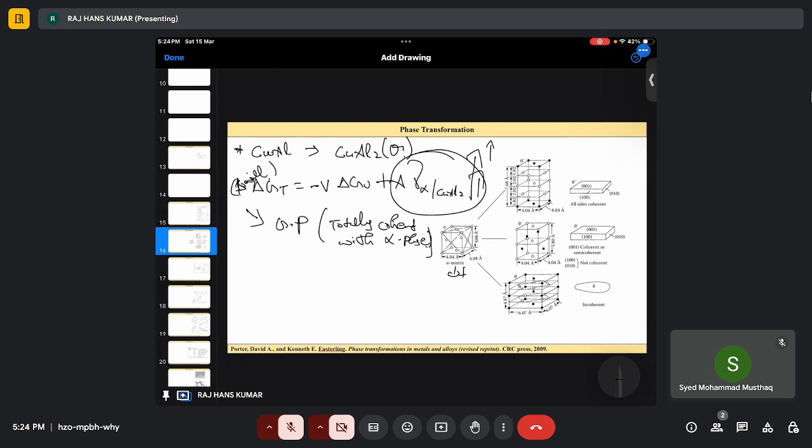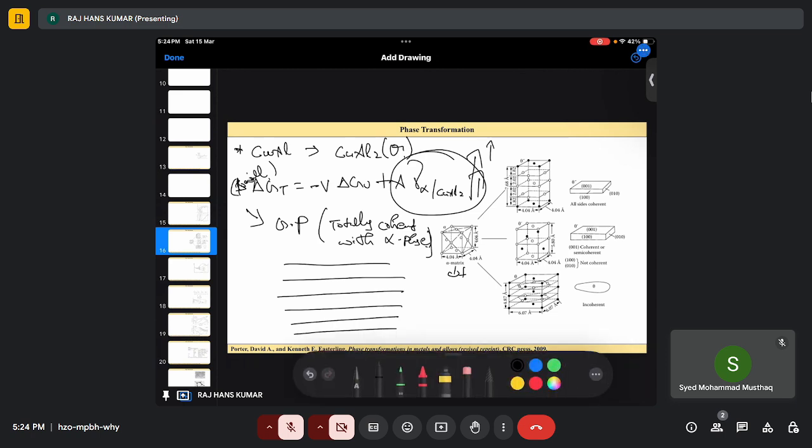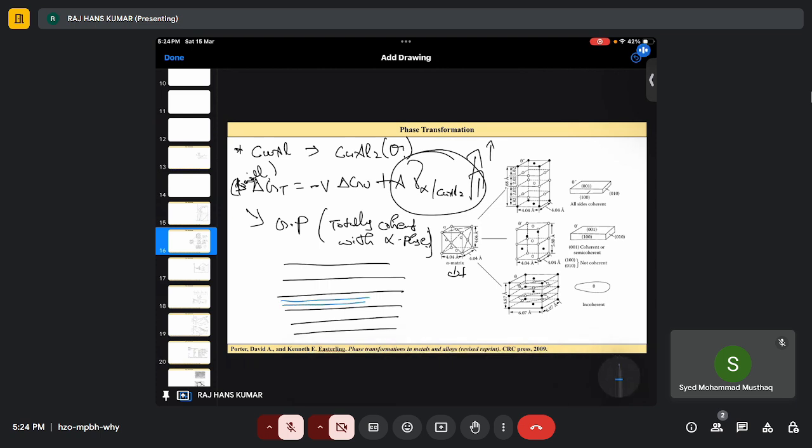Suppose this is my aluminum layers, aluminum atomic planes. Then you will have 1 or 2 copper atoms, one right here, for example, one copper layer coming in between. So there is total coherency there.